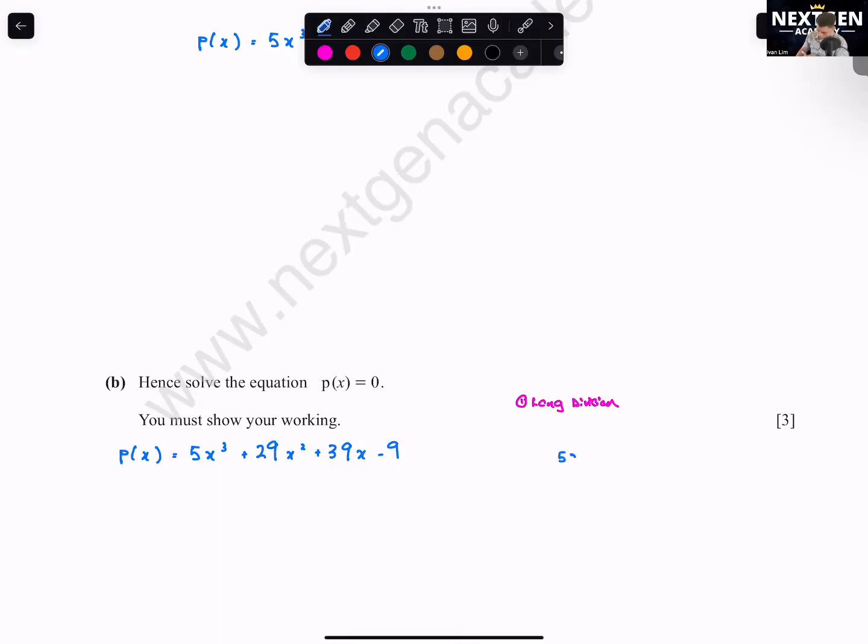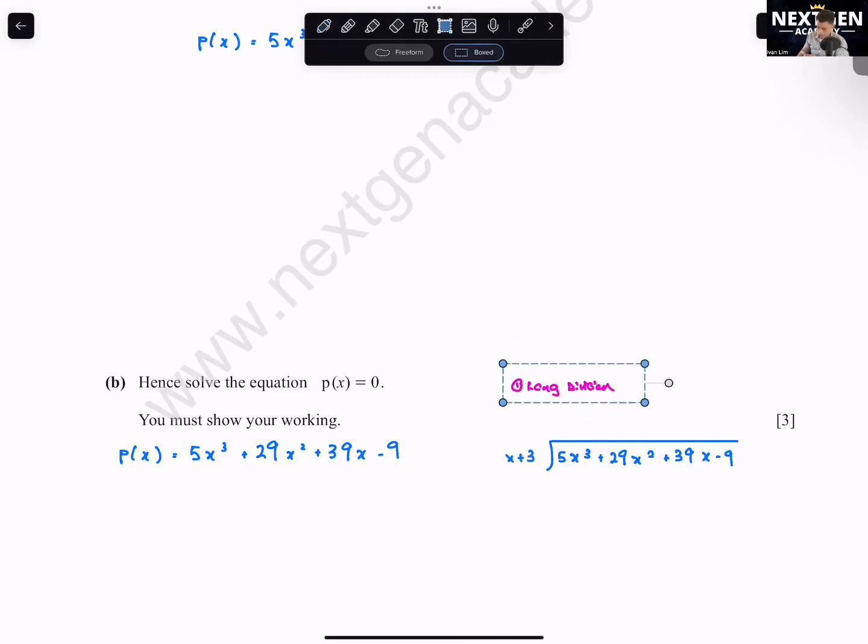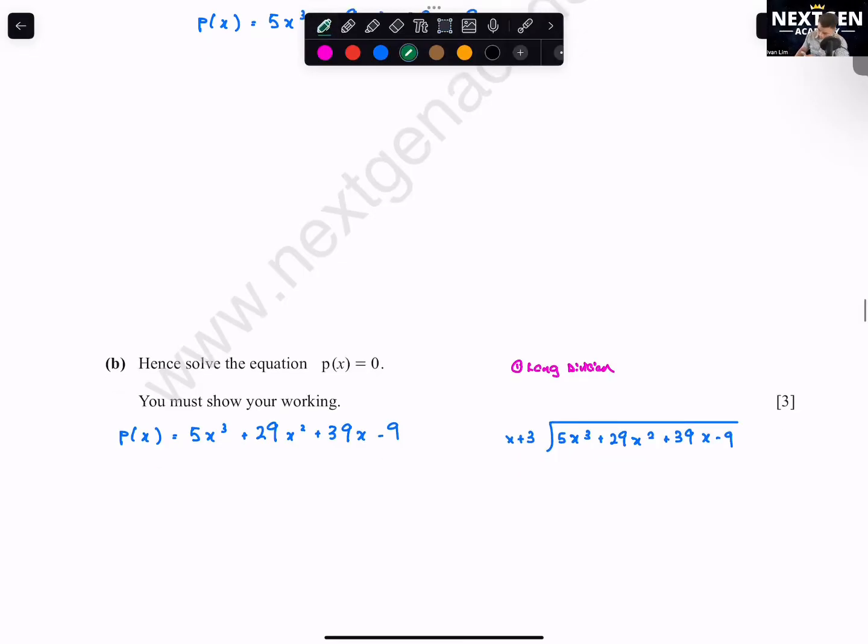So 5x cubed plus 29x squared plus 39x minus 9 divided by x plus 3, since this is a factor. You will get here 5x squared, 5x cubed plus 15x squared.